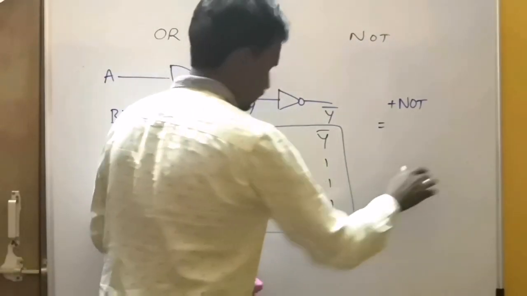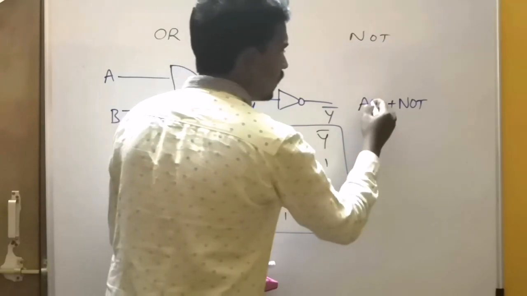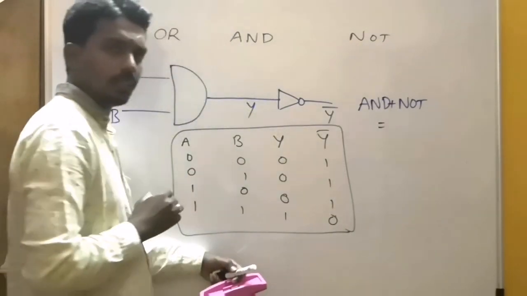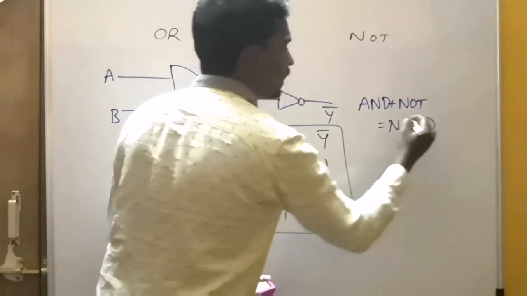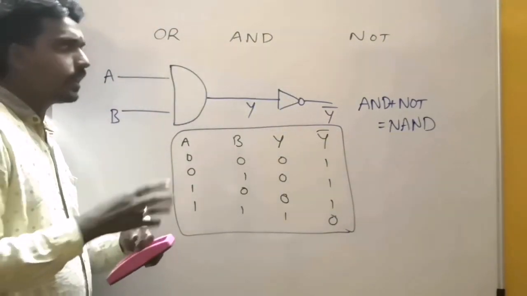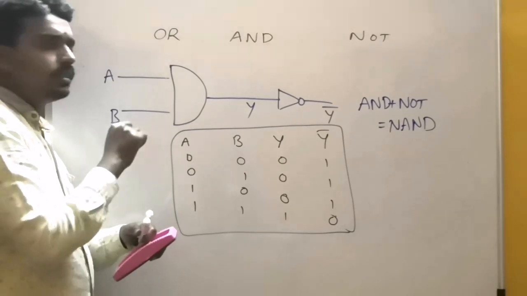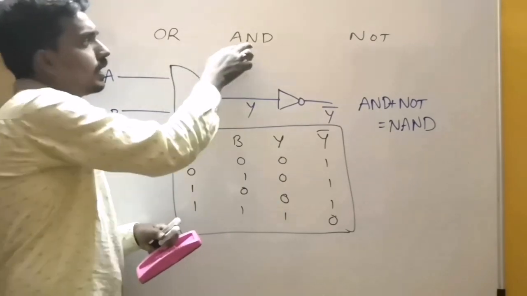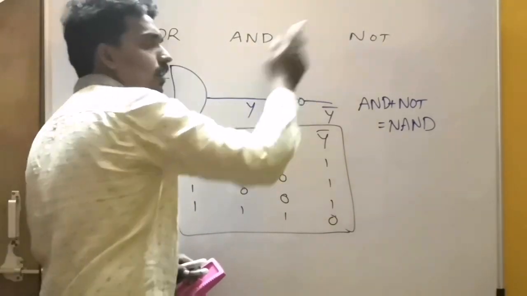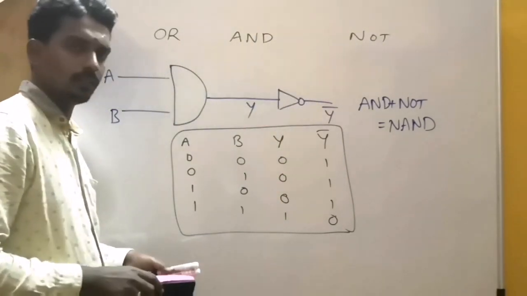So this way, here is the combination of AND gate and NOT gate. That means we are adding AND with NOT, so this resultant will become the NAND gate. One is OR; combination with NOT gives the NOR gate. Another is AND; combination with NOT gives the NAND gate.